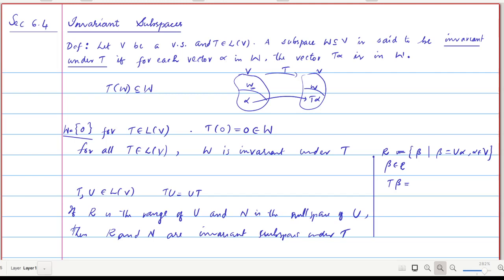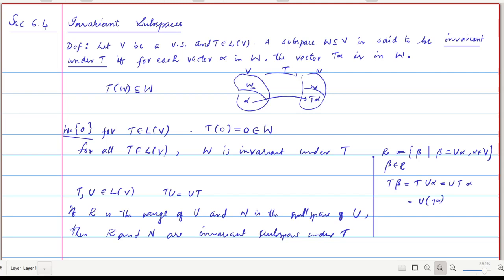Since beta is an element of the range, beta can be written as U alpha for some alpha. So T of beta is equal to TU of alpha, which is the same as UT of alpha, since T and U commute. So that is equal to U of T alpha, and T alpha is again an element of V, because T is a linear operator. Then T beta is U of something.